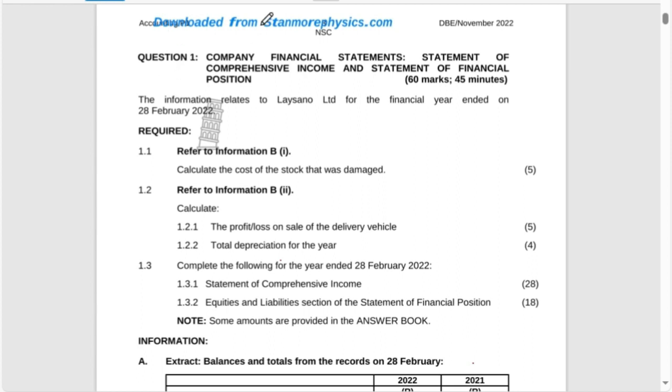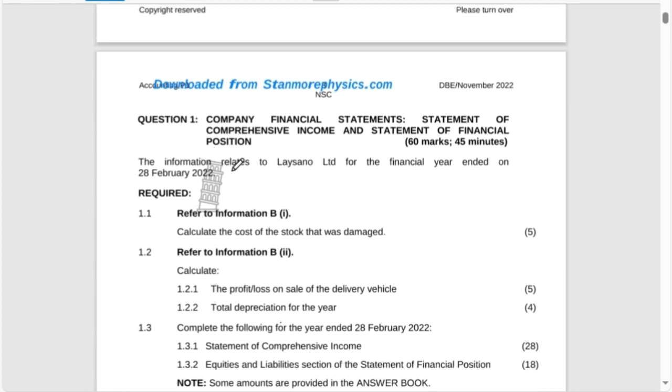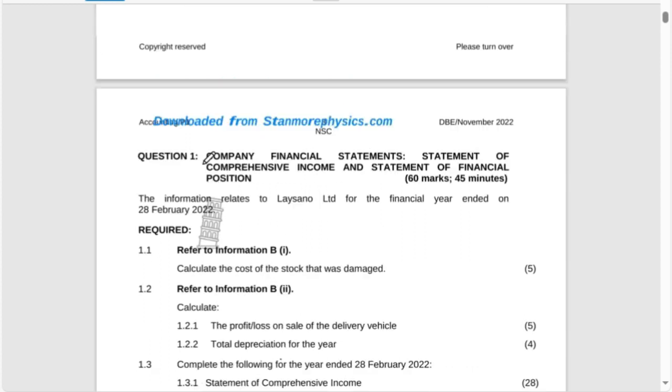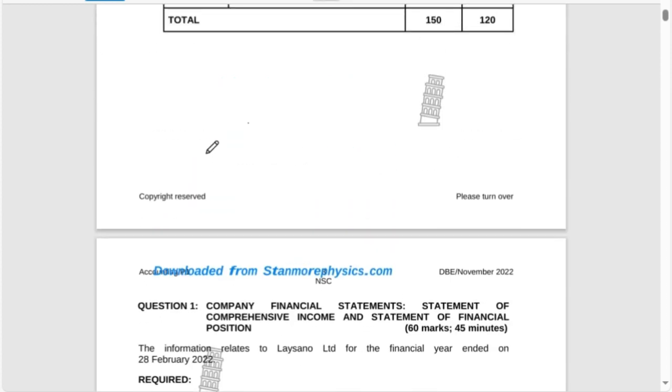It says company financial statements, statement of comprehensive income and statement of financial position. The information relates to Lesson No Ltd for the financial year ended 28 February. So our financial period ends on 28 February 2022.